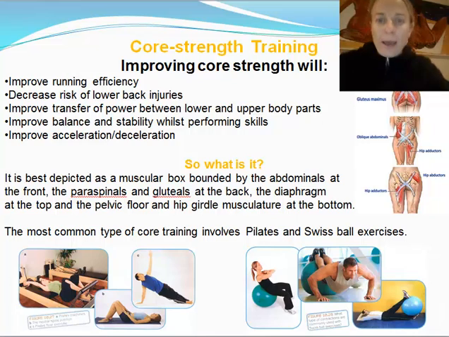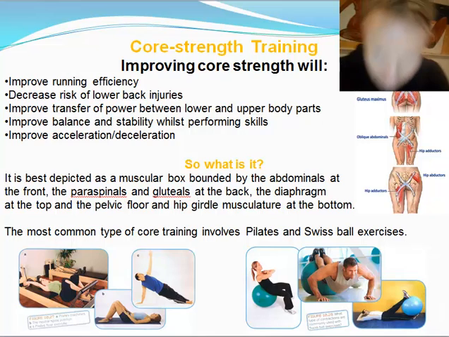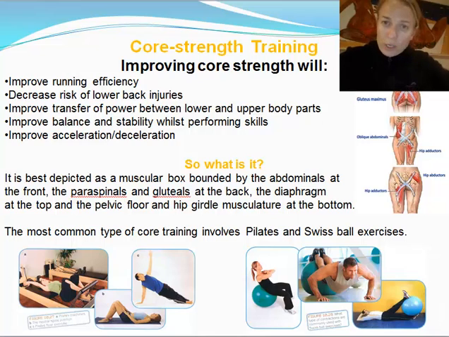Next one, core strength. Core strength mainly targets our abdominal region, not just our rectus abdominis that does this motion, but our stabilizing abdominal muscles called our transverse abdominis or our obliques.